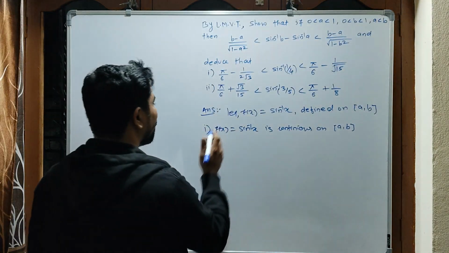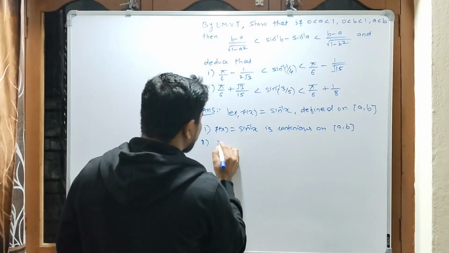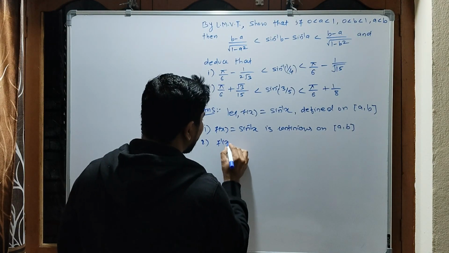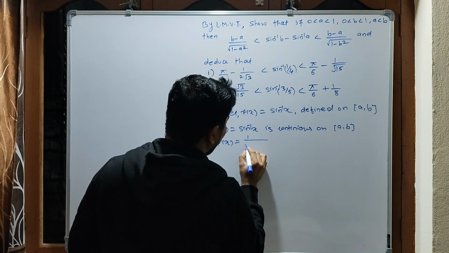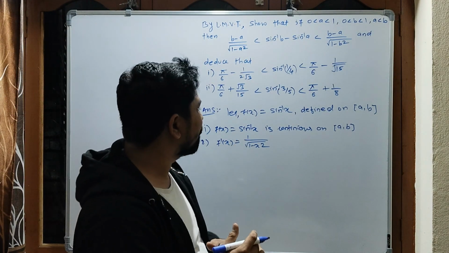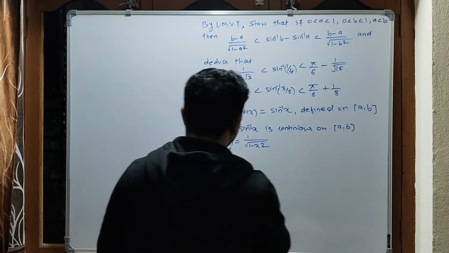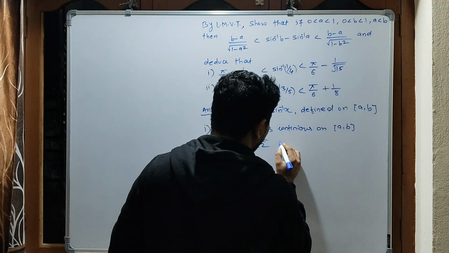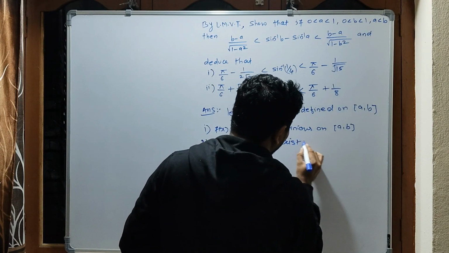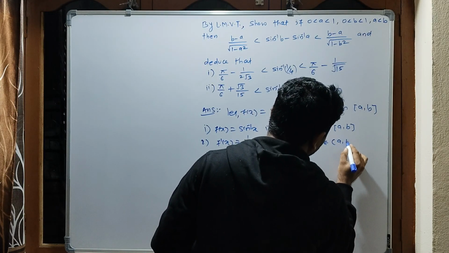Second thing, f dash of x: f of x equal to sin inverse x, therefore f dash of x equal to 1 by under root 1 minus x square. Here derivative of sin inverse x is 1 by under root 1 minus x square. Therefore f dash of x exists for all x belongs to the open interval a to b.